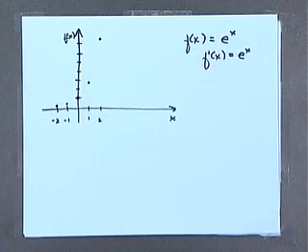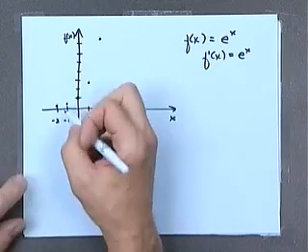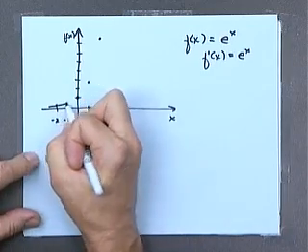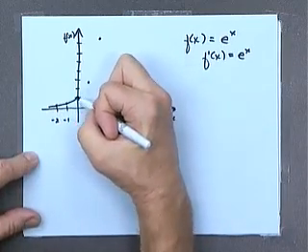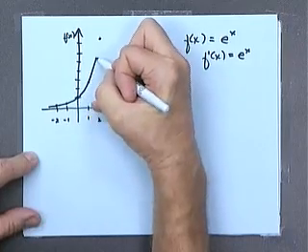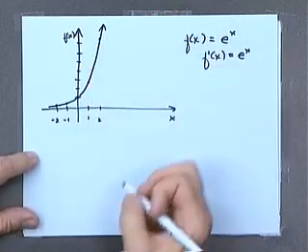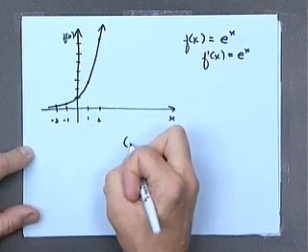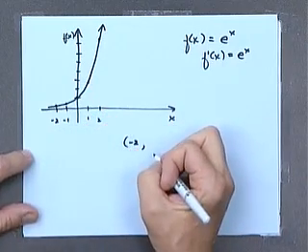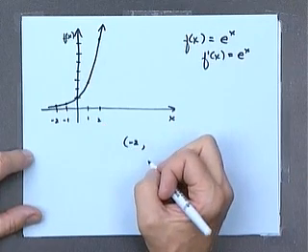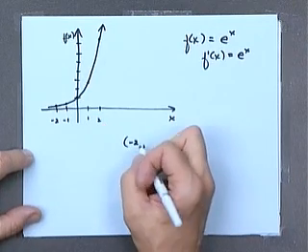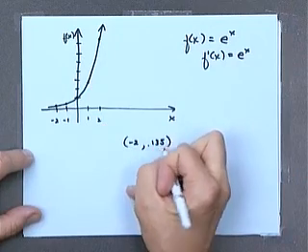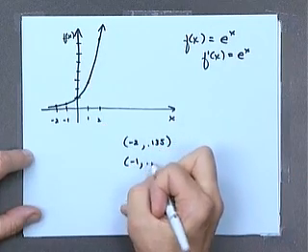So one thing about the graph of e to the x, once it gets going, it goes up in a hurry. So this point, -2, somebody tell me what that decimal was again? 0.135. And -1 was point.